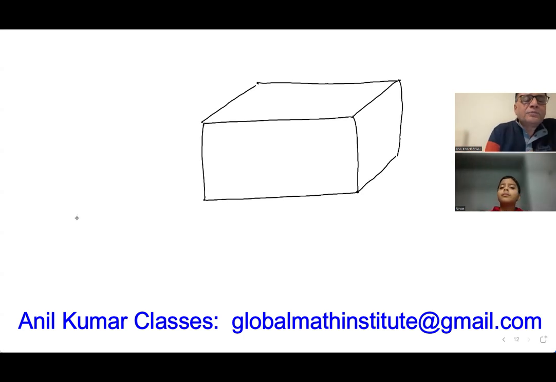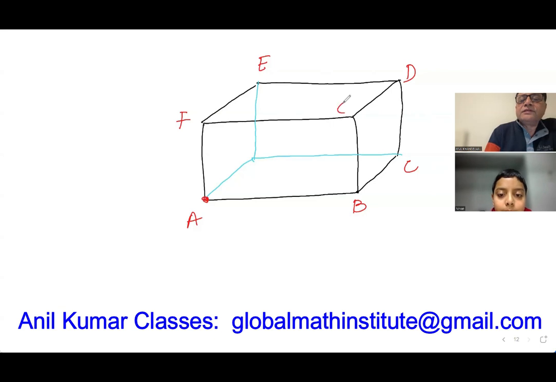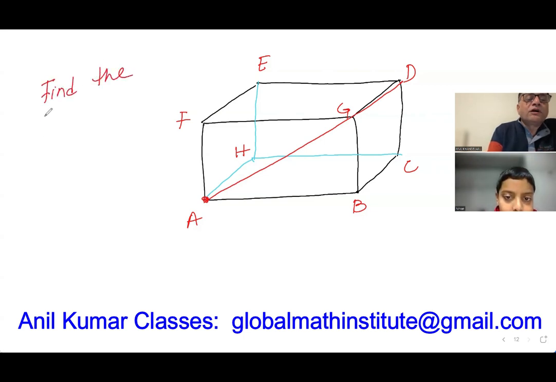Now, in this box, let's say these points are A, B, C, D, E, F, G, and let this be H. I want the length from A to D. Do you understand? So find the diagonal, the longest diagonal.